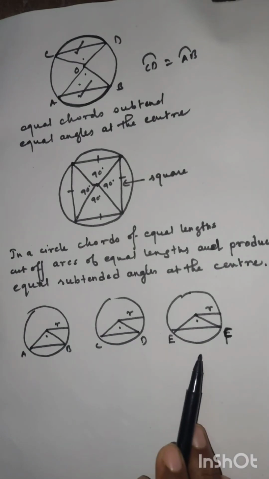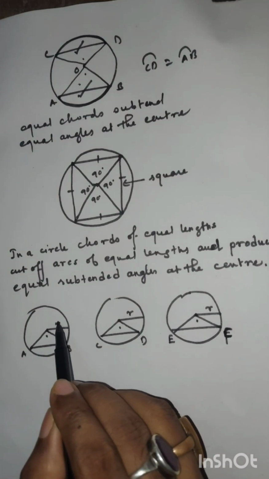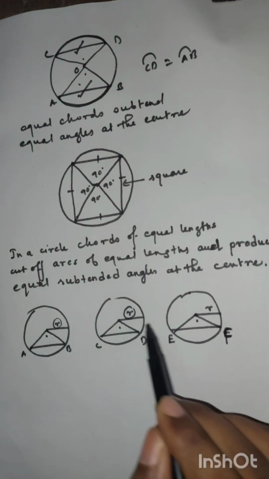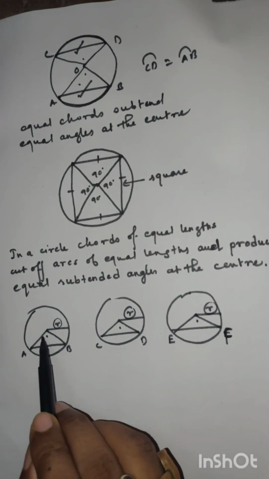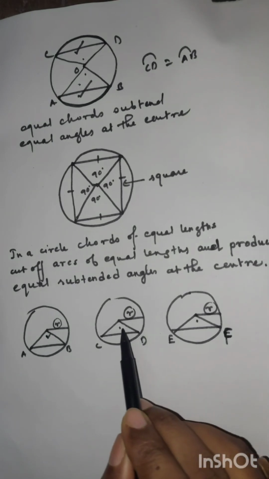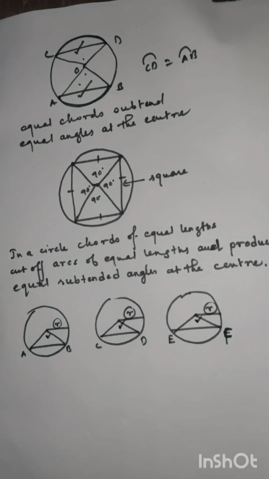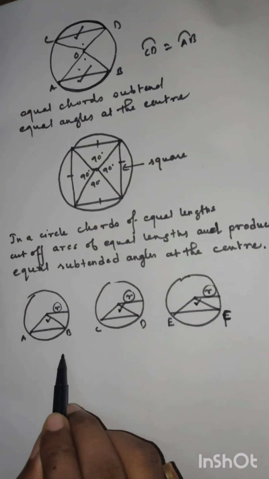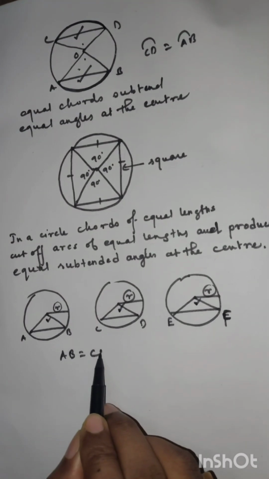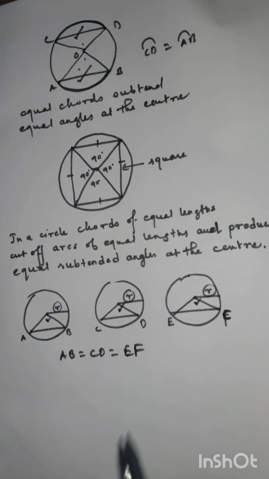Circle 1, circle 2, circle 3 are congruent because they have equal radius, and similarly they have subtended equal angles at the center. So we can say these three chords will be equal. That means AB equals CD equals EF.